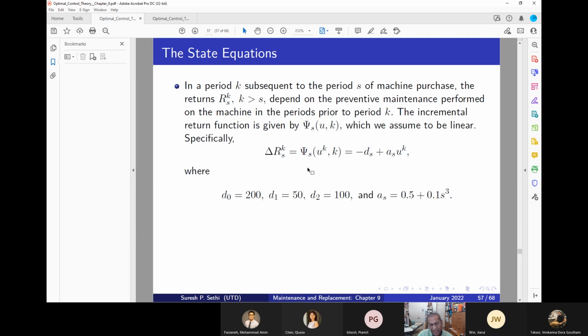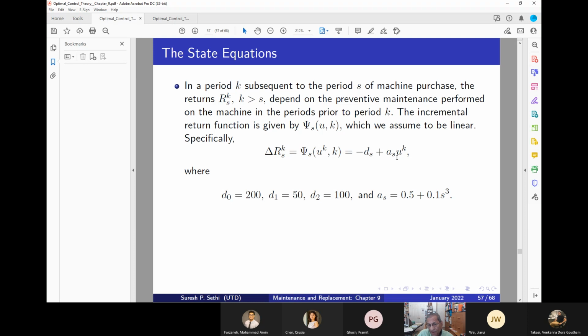Then we define psi S, this control variable. So this control thing that we're going to define to be minus DS, where each period I lose this much value, and then I gain this much value by applying the control with some coefficient, which is the effectiveness of the maintenance, and altogether I have this.